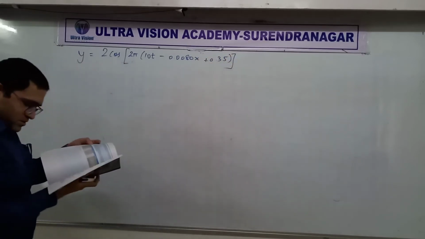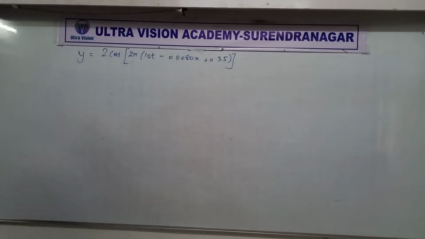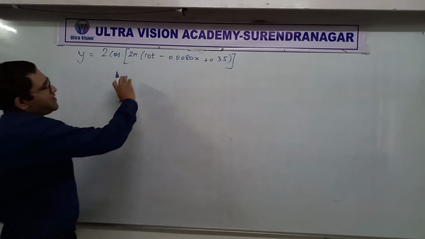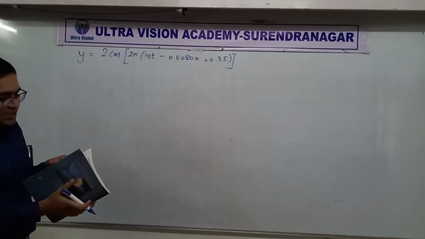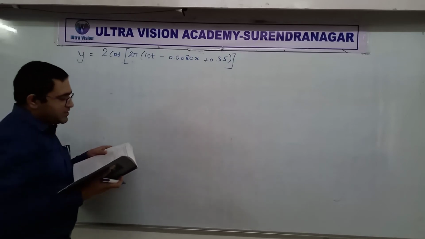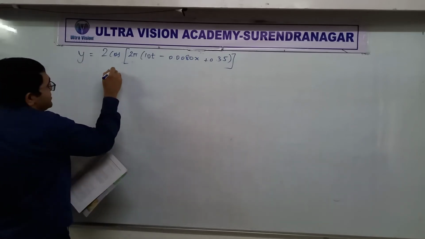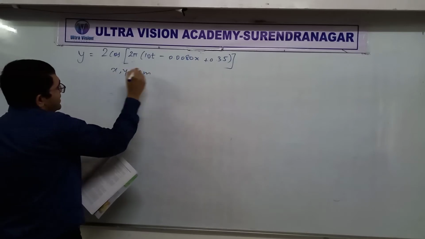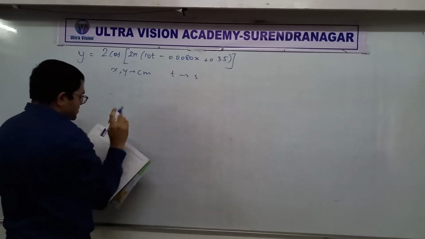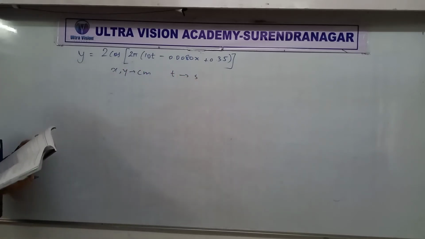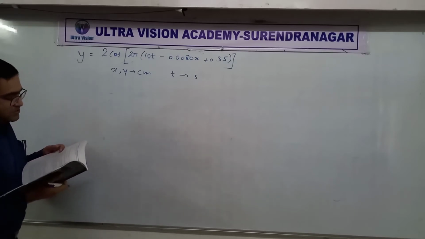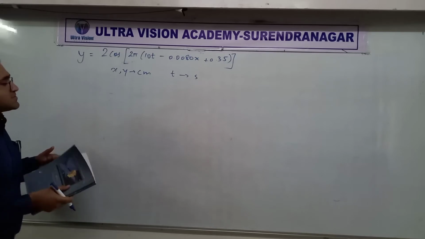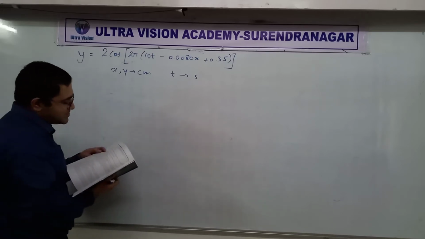A slightly different way of writing the equation, don't you think? So far, we have not been writing equations like this, by taking this common. And x and y are in centimeter, time is in second. We have to calculate the phase difference between oscillatory motion of 2 points which are separated by a distance of.